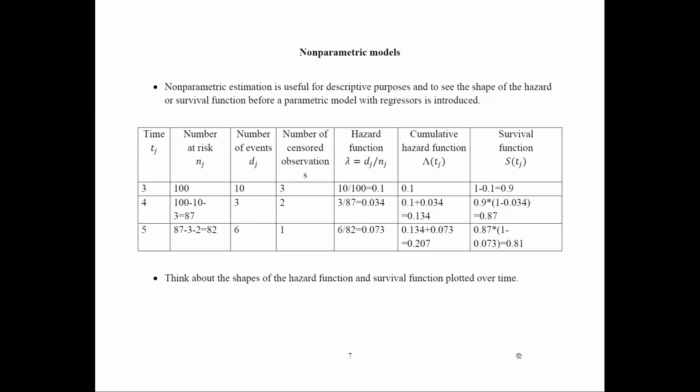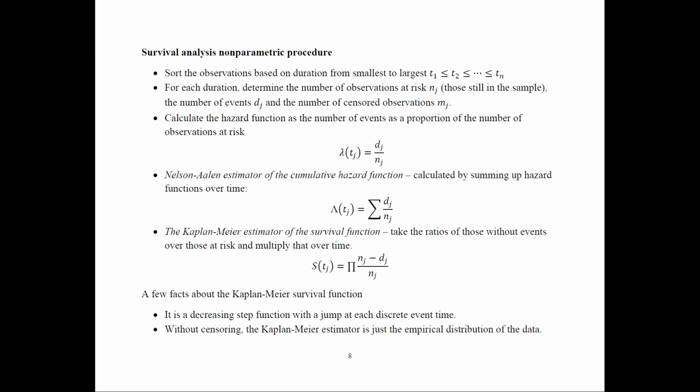Okay, so on the next slide, I have what I talked about in the previous slide, only written up with more math notation, but it's the same thing. We're sorting the observations, then determining which ones are at risk, for how many the event happened, and the number of censored observations. The hazard rate we calculated as the proportion of events divided by all the numbers at risk.